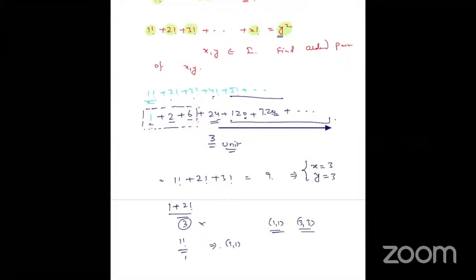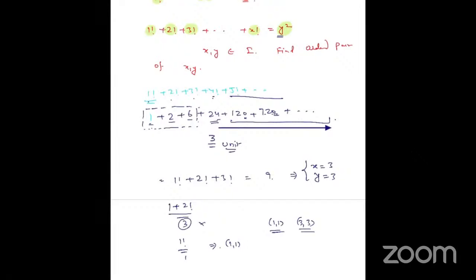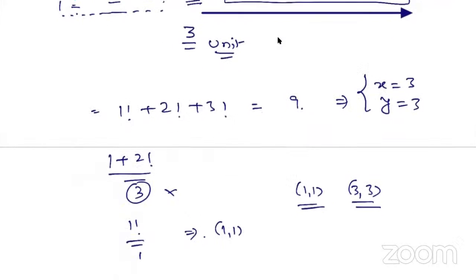If you are going for factorial 5, factorial 6, and factorial 7, each and every number will contain 1 5, and 1 5 with an even number will always give 0. So the unit place will always be 0 in that way.